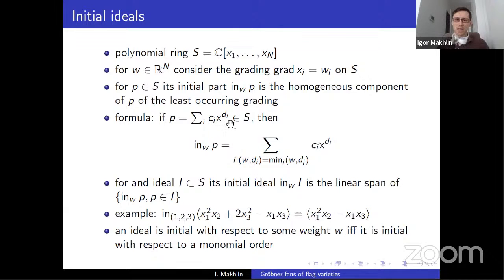So the grading of the monomial x to the di'th power, where di is a vector, is the scalar product, because we have wi occurring with coefficient corresponding coordinate of di. So the grading of the monomial is the scalar product, and we choose those for which the scalar product is minimal, and we retain only those monomials. The rest we throw away, and what remains is the initial part.